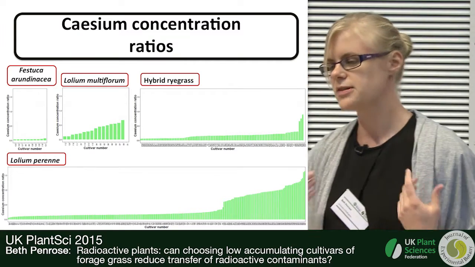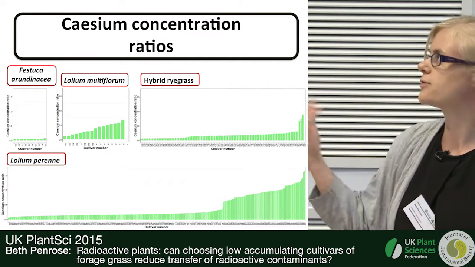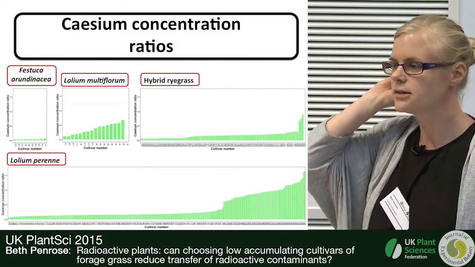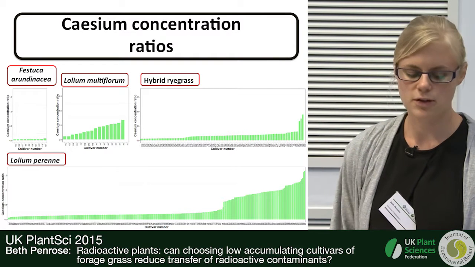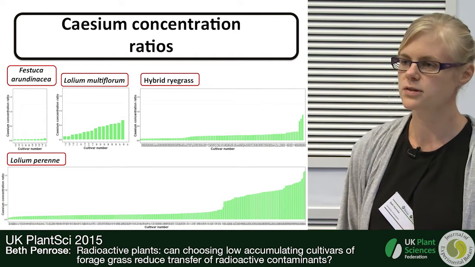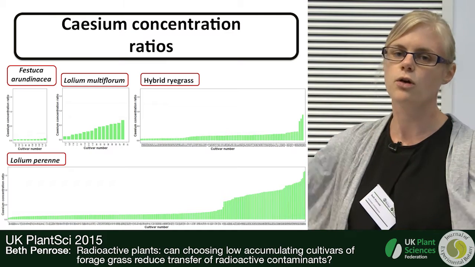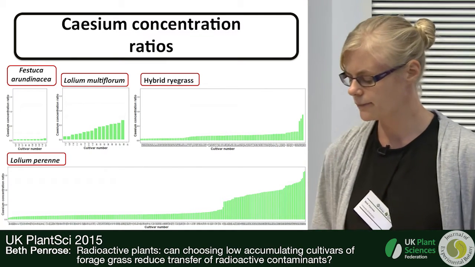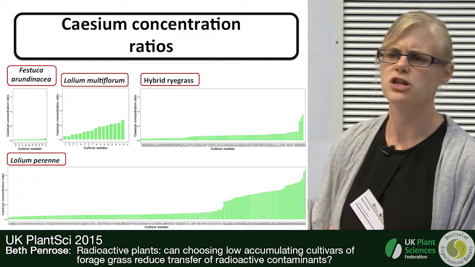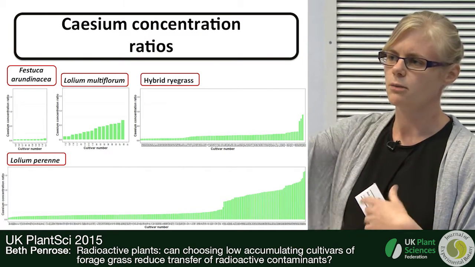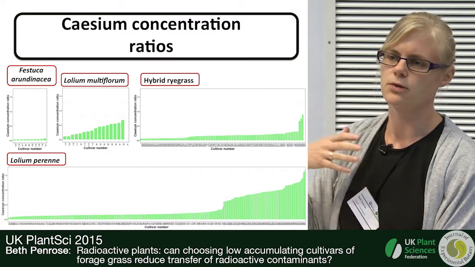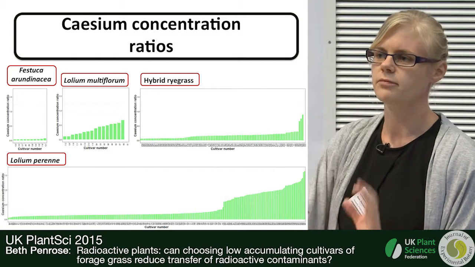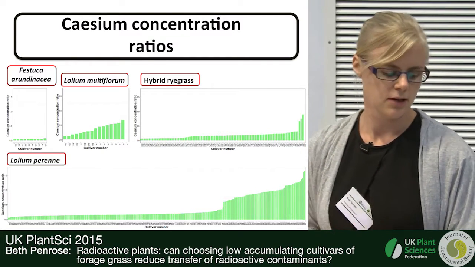But what I will show you is some of our results. So this is just from spring 2013. And what you can see is that there's actually really quite a lot of variation when you start looking at a lot of cultivars in cesium uptake. We use concentration ratio, which is to do with what you get in the plant over what you get in the soil to try and get rid of site differences.